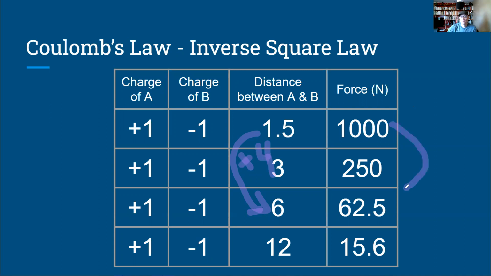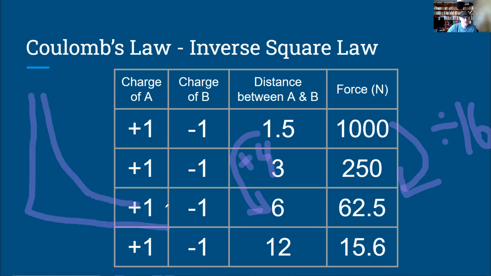But you'll notice that the force drops by a factor of 16. So as distance increases, the force dramatically drops down very, very quickly. If we were to make a graph of something like that, it would look very much like this, where this is the force and this is the distance.